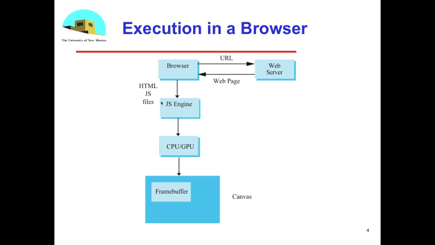They go through a JavaScript engine running in your browser, and eventually as we've seen, we send information out to the GPU, which goes in the frame buffer. And the frame buffer you can think of as being part of the HTML5 canvas. In fact, it's really an image of what's in the frame buffer.